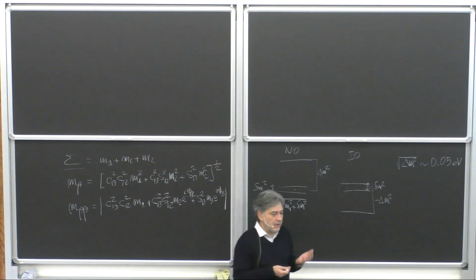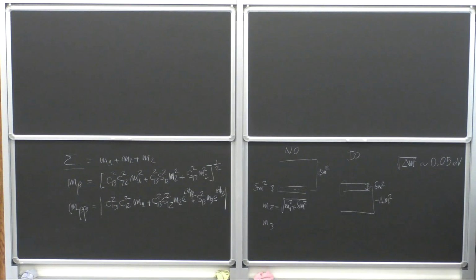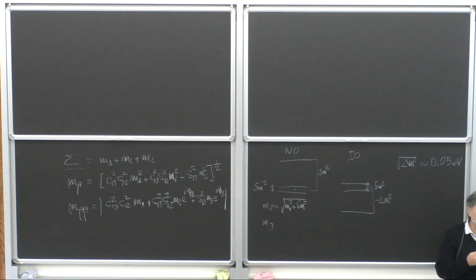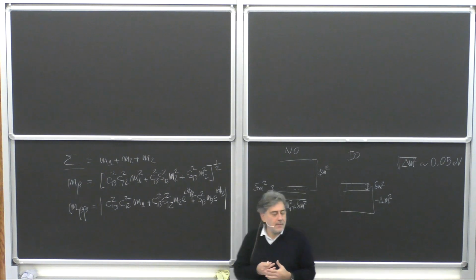And so, if you want to derive bounds on m beta beta from the measurement, you need to take into account the uncertainty on the matrix element, and so the bound is not defined in an extremely precise way.